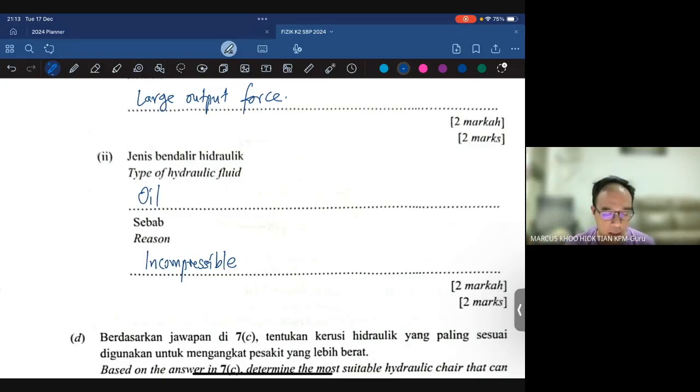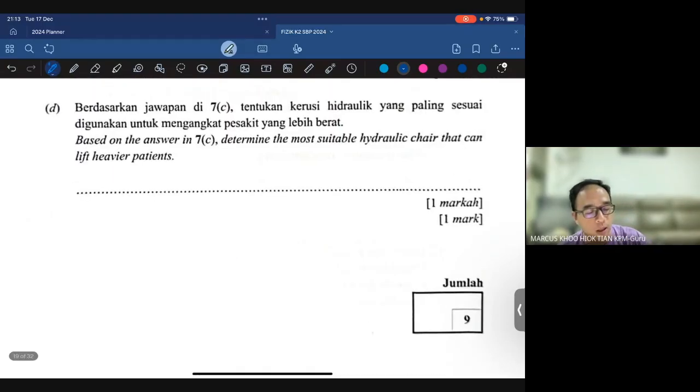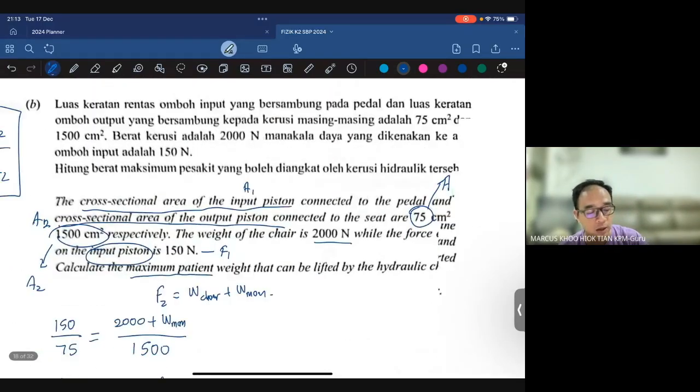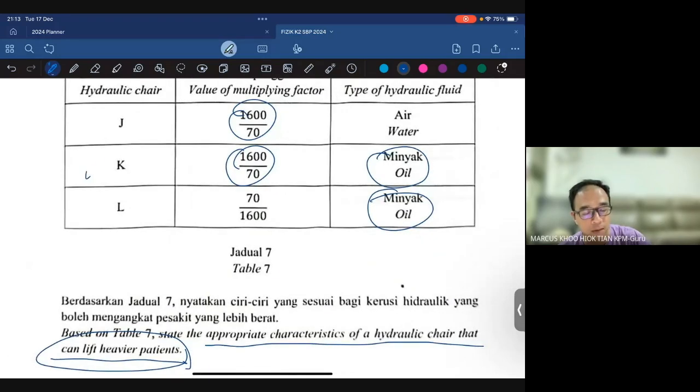I suggest that incompressible is a nice answer, makes us sound smart also. Based on this, obviously the one we want is K, because if you do the table analysis, only K fulfils both. Reminding you once again, whenever you do question number 7, 9 and 10, analyze the table first before writing down the answer, so you have a direction to go.